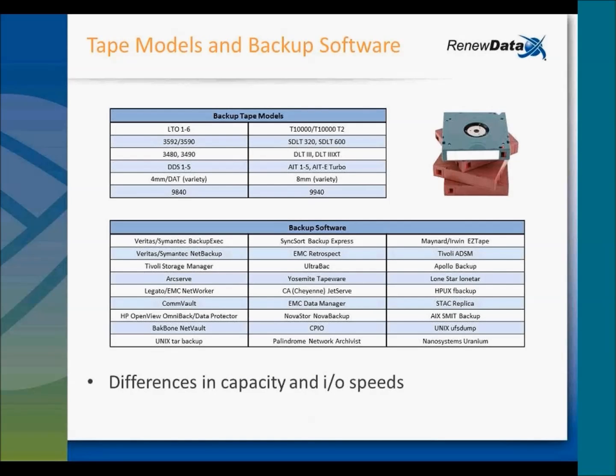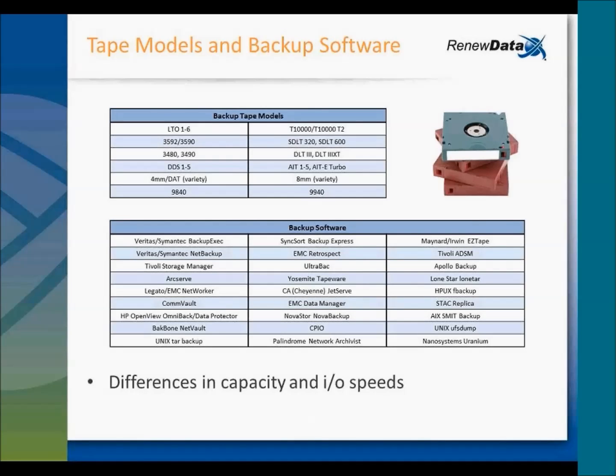All right. Moving on, this is just a quick snapshot of some common tape models and backup softwares. We don't need to step through each one of these one by one. I think the major takeaway here is that different tape models can really change the complexity of a discovery project, specifically due to capacity and input and output speeds or read speeds.